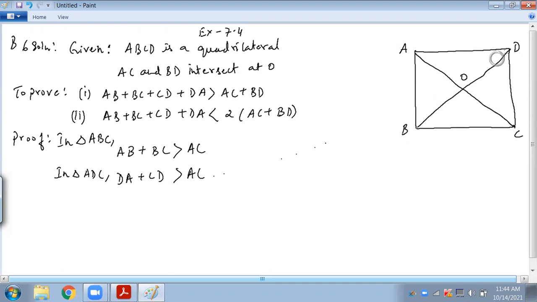Okay, now how to get the diagonal BD? BD is a part of triangle ABD and BD is a part of triangle BCD. So we'll take both these triangles and we'll try to get BD. Now in triangle BAD, you can take AB plus AD greater than BD. Now again BD we can get from triangle BCD also. Now we'll take triangle BCD.